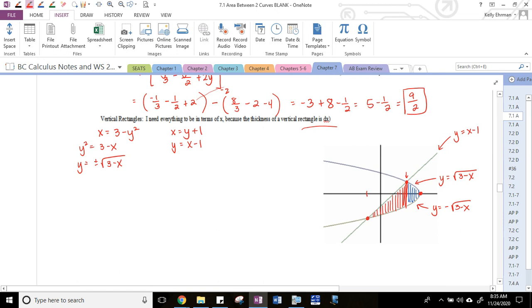All right, so when does x minus 1 equal the negative square root of 3 minus x? You can multiply a negative through here. You can square both sides.